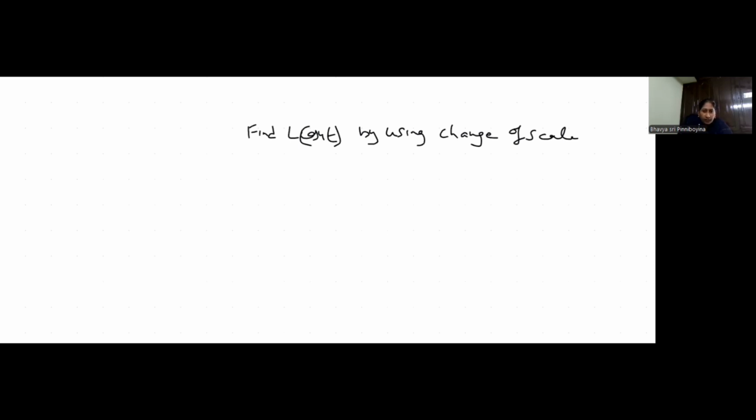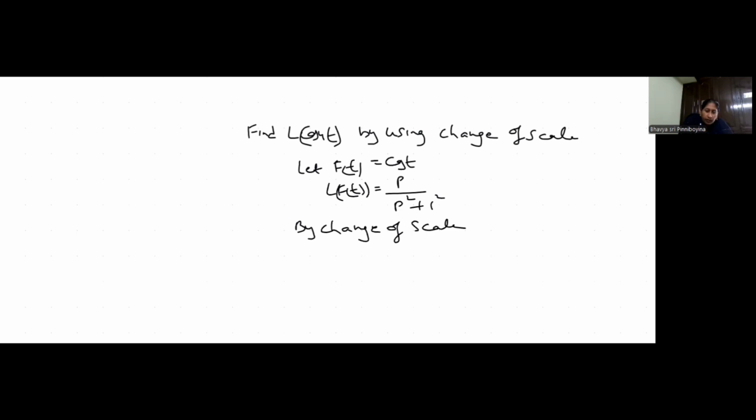So let us consider it is in the form of f of at. Let us consider f of t here. f of t is cos t. Okay. Then Laplace of f of t is what? We have to apply the formula, that is p by p square plus 1 square. So we have to apply the change of scale method here. The change of scale property is Laplace of f of at is equal to 1 by a f of p by a.